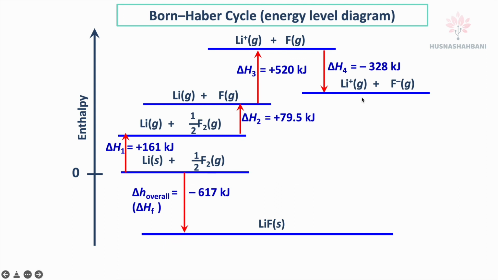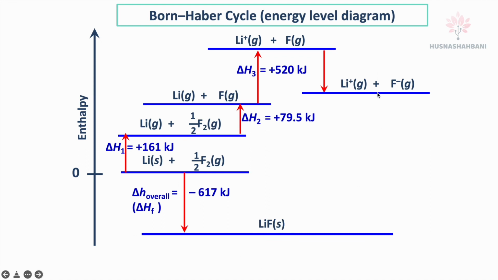Now we need to calculate the lattice energy. Lattice energy means the gaseous ions become a compound solid, from here to this one. If you look at the enthalpy for Li plus and F minus, the level is higher than LiF solid.